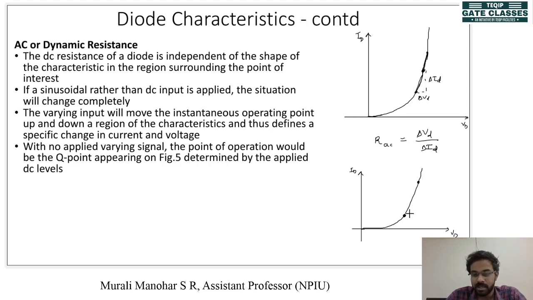If we take the difference in this voltage and difference in this current, we are not drawing any tangents, we are only taking the limits of operation of this diode, and if we are finding out the resistance, that resistance will correspond to the average resistance, that is delta VD divided by delta ID.